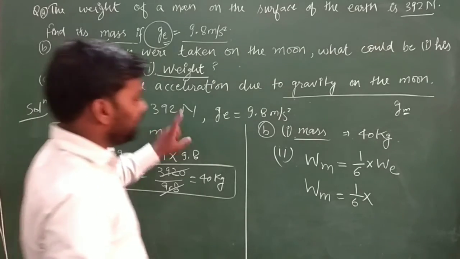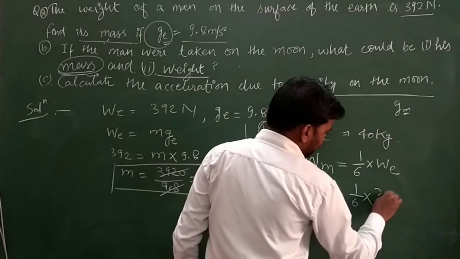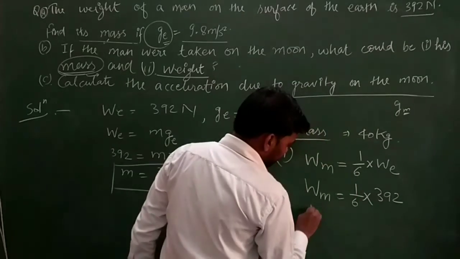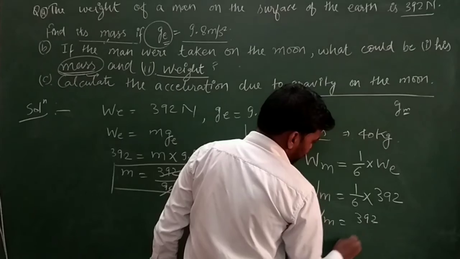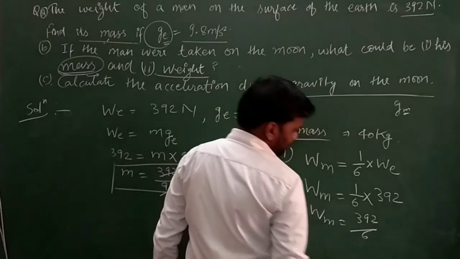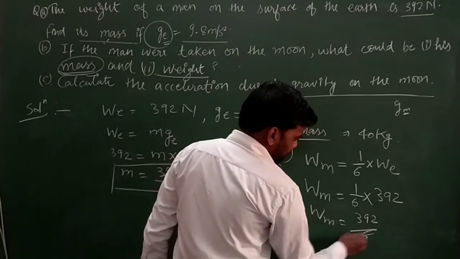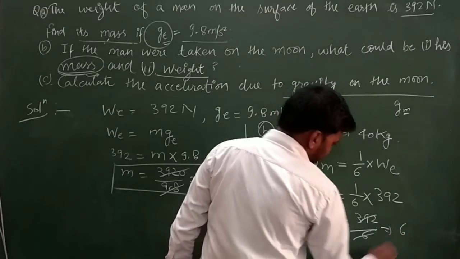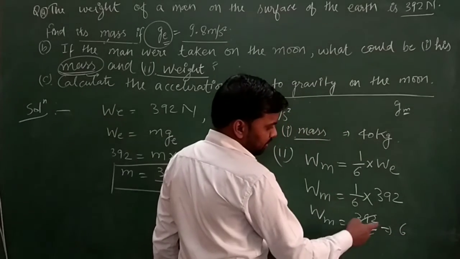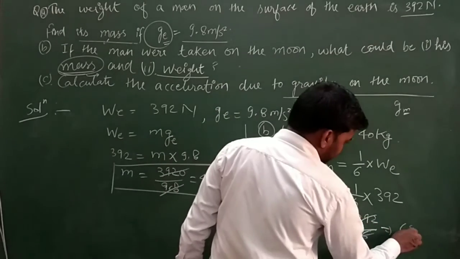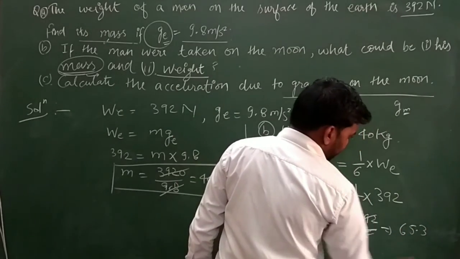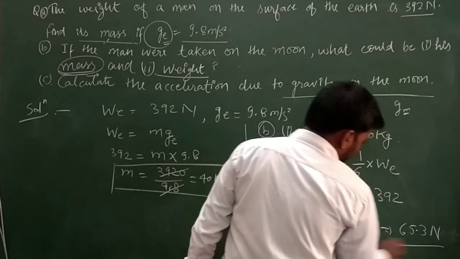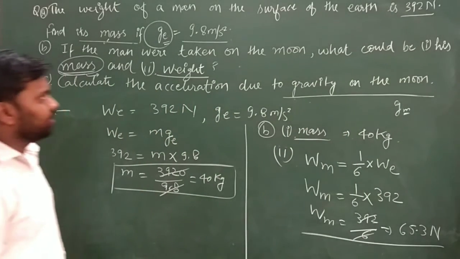It is 392 Newton. So weight on moon is equal to 392 upon 6. If we cancel it out, 6 is 36, and again we will get here 32, 6 5 is 30, and it is 65.3 Newton on the surface of the moon.